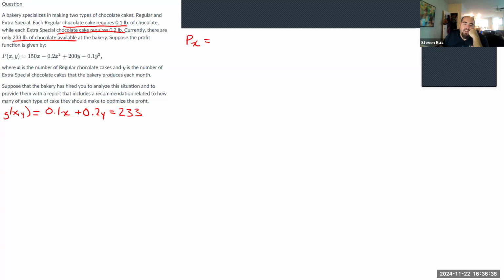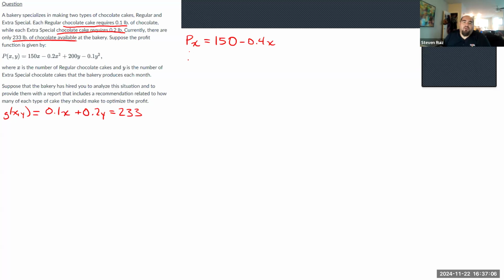That is a variable term with respect to X, so its derivative is 150. What's the derivative of negative 0.2x squared with respect to X? That'll be negative 0.4x. The next two terms are both in terms of Y only. Even though they're variable terms, they don't vary with respect to X, so they both vanish.